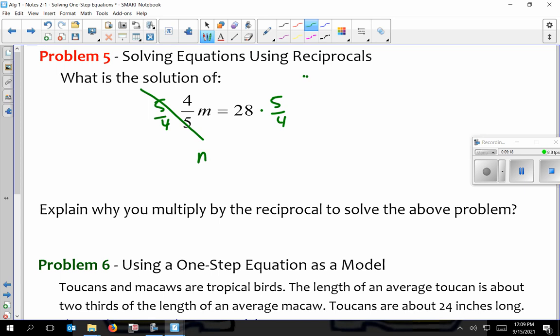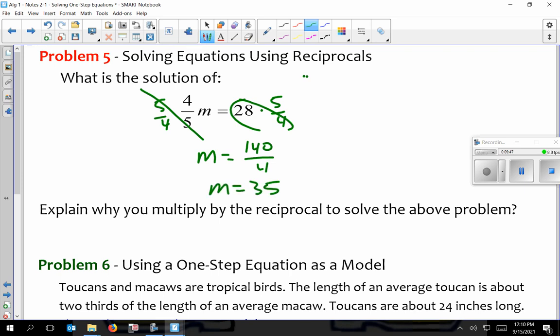All right. Here, you can multiply a couple different ways. I can cross cancel right here, or I could just multiply the tops. So I'm going to do that for you right here. I'm going to multiply the tops. I get 140 over 4. Okay, and then 4 will go into 140 35 times.